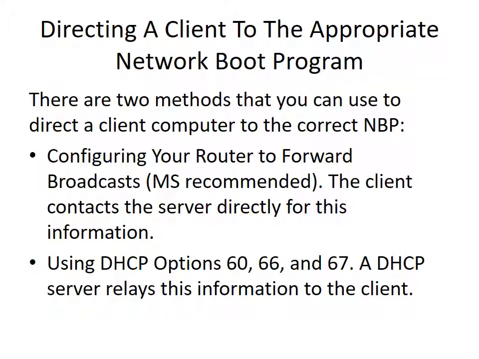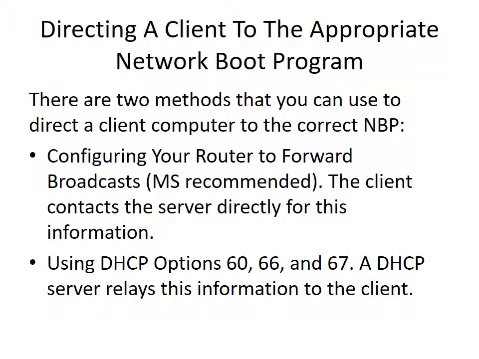There are two methods that you can use to direct a client computer to the correct NBP. The first option, which is the one that Microsoft recommends, is to configure your router to directly forward the TCP/IP broadcasts. Basically, the client will contact the server directly for the network boot program in question.